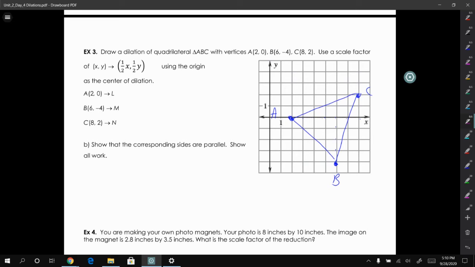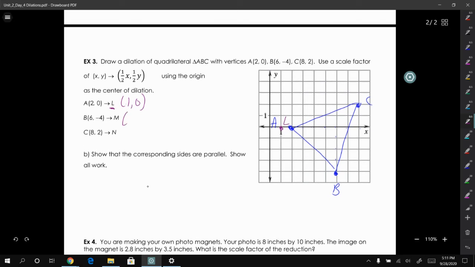So A is going to become 1, 0, and they're asking us to label that point L. M becomes 3, -2.